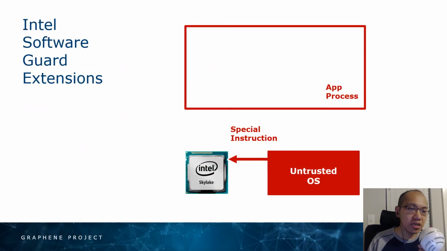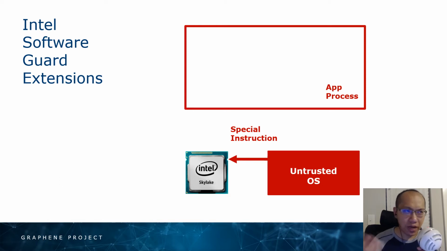So let's use Intel Software Guard Extensions, Intel SGX, as an example to explain the usage of confidential computing for applications. Intel Software Guard Extensions is essentially a set of special instructions introduced on Intel CPUs newer than 7th generation.